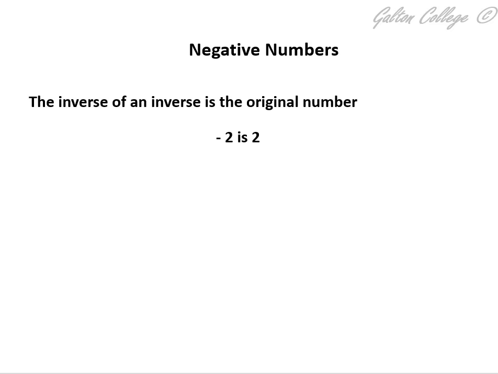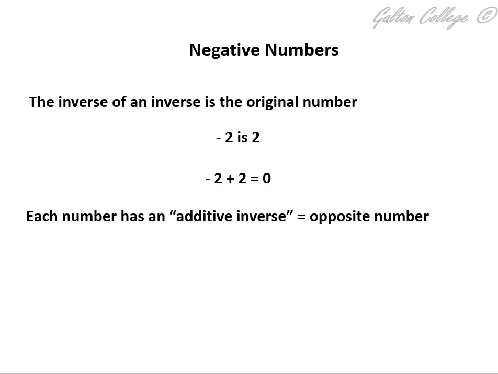So minus 2, the inverse is 2, and the inverse plus the number itself is equal to 0. And each number has an additive inverse, which is equal to its opposite number.